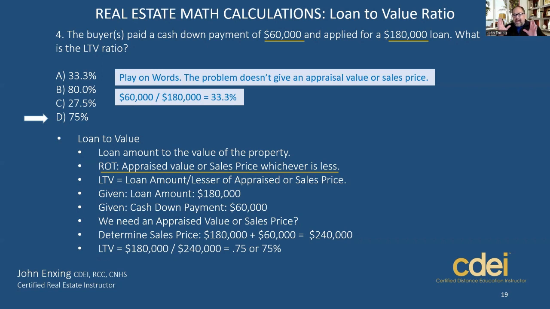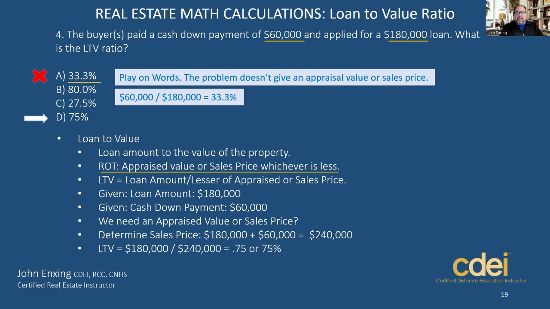And so not having an appraised value and not even having a home price, the typical thing that we'll do and gravitate to is we'll take 60,000 because it's a number and divide it by 180 and we get 33.3%. And guess what? They'll have that answer there. Wrong answer. Slow down. You almost got to sit back and talk yourself through it before you start.